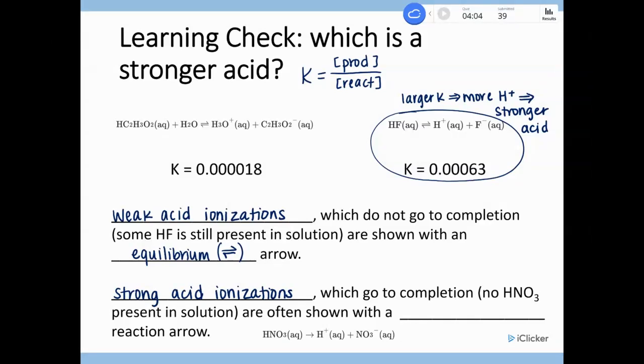Strong acid ionizations go to completion, meaning that the HNO3 completely dissociates into H plus and NO3 minus. These are often shown with a regular reaction arrow, so just one single arrow with the double arrowhead.